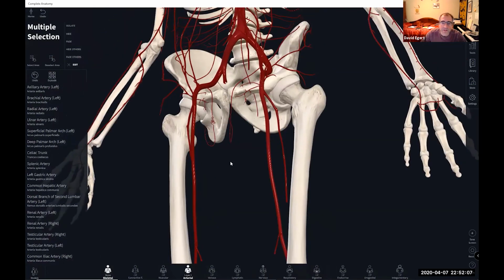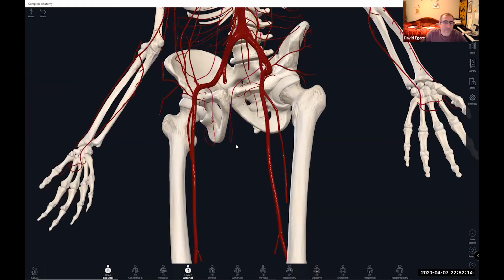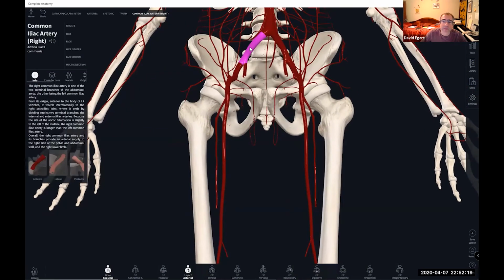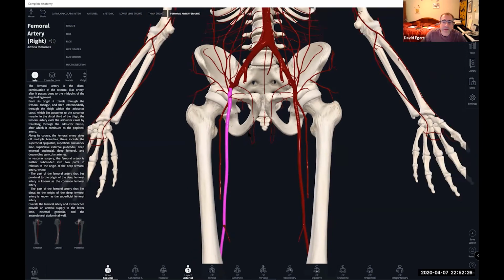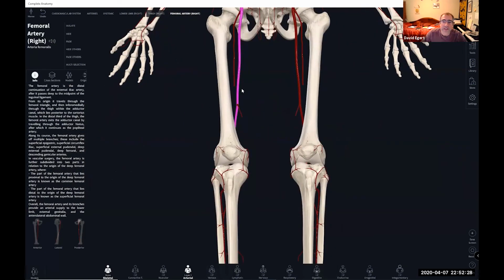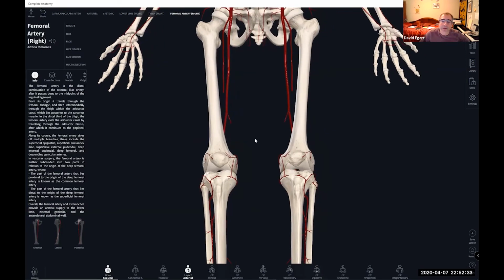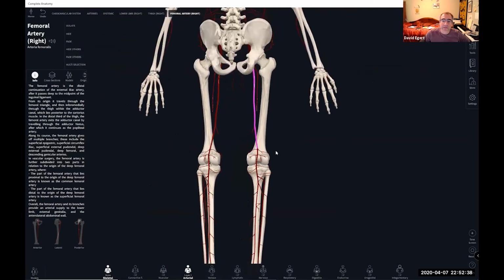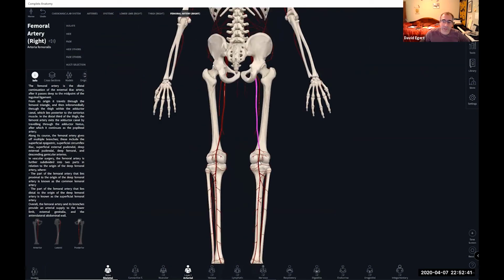So here you can see the femoral artery. Let's clear all of these. So coming off of here is the common iliac, the external iliac becoming the femoral artery. And then here you see the femoral artery is actually going down behind the kneecap. So here behind the kneecap, and keeping you oriented, this is the popliteal artery.